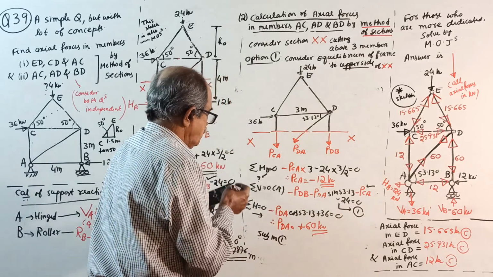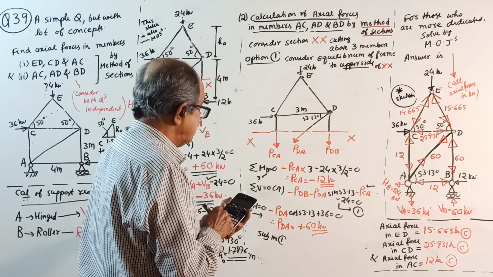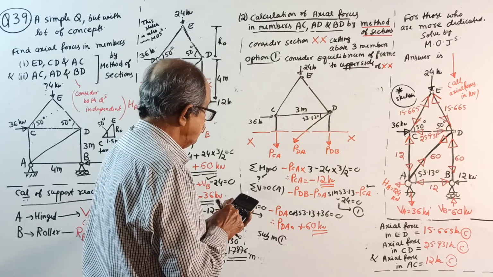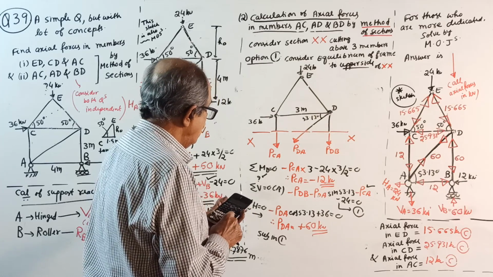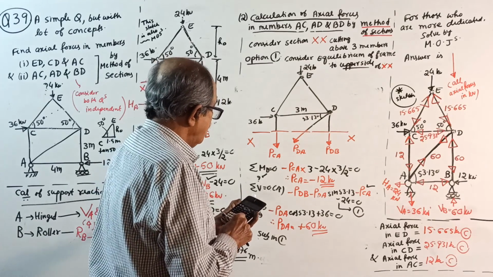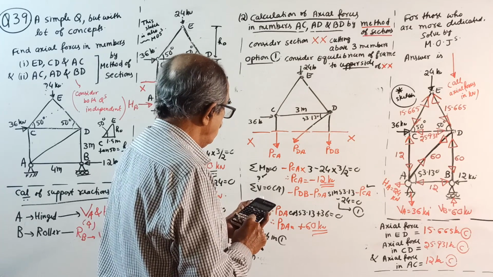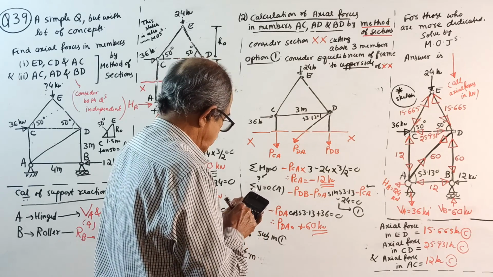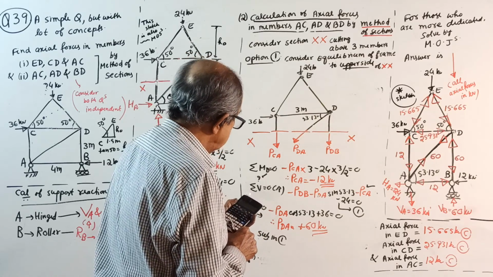Everything is known. Minus PDB, minus PDA is minus 60 into sine of that angle, minus 24. What is the calculation? Something wrong there. 60 into sine theta, that is into minus 1, then minus 24, 72.